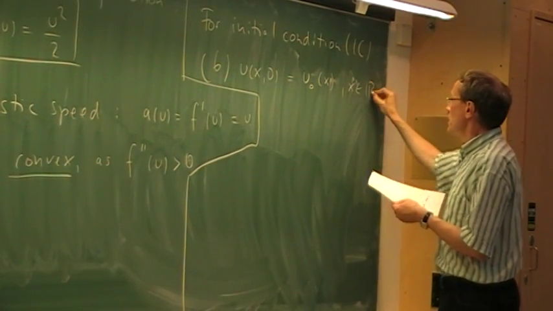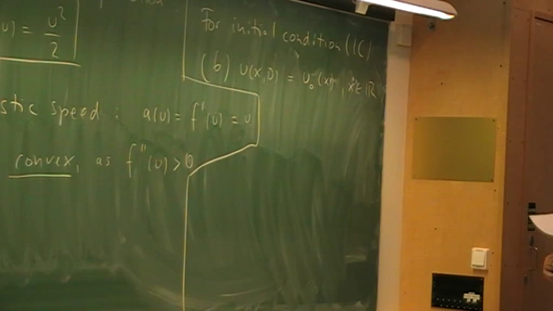Let's assume that it is given everywhere, or that we have a periodic function that we extend to the whole real space. Then the exact solution of the inviscid Burgers equation can be implicitly given by the following.